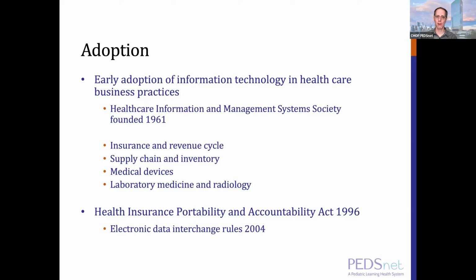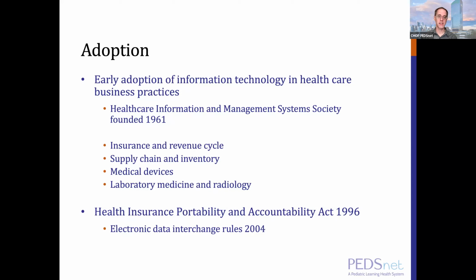So HIPAA dealt largely in the electronic health record space with the ability to exchange information describing patient care and describing the business processes around patient care. One of the provisions of the act was the construction of rules for electronic data interchange. And following the adoption of electronic healthcare data, it took until about 2004 for the final rules to be posted.